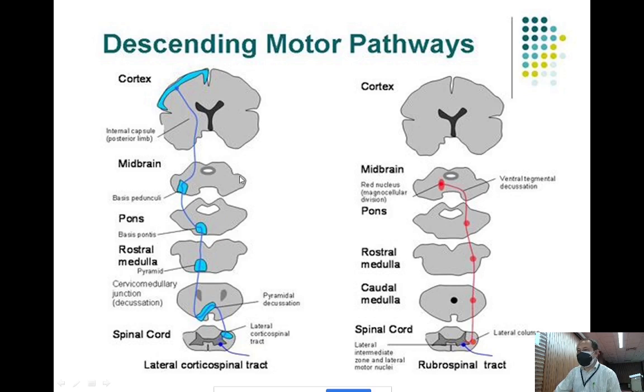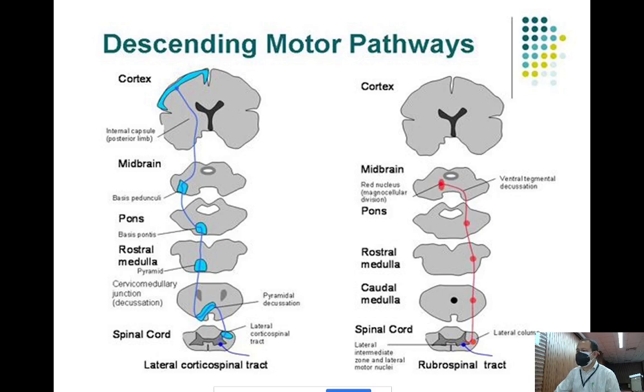Now we are not going to discuss the corticospinal tract again, which is the pyramidal tract. We're going to discuss the extrapyramidal tract, starting with the rubrospinal tract, which is a lateral descending tract. This is what we call the rubrospinal tract, one of the extrapyramidal tracts, and you see the site of origin is the red nucleus.